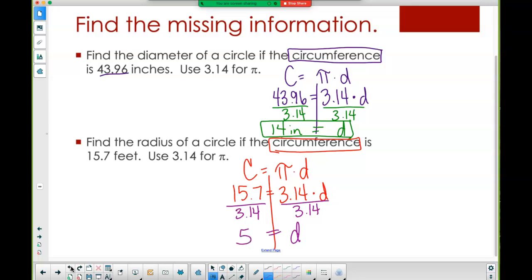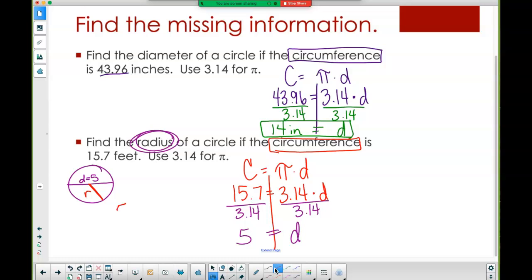No. You guys, this is diameter, which is great, but this problem said find the radius. Okay, so now we have to think about this. Here's a circle. If the diameter is 5, how do we find this distance, the radius? What do we have to do to the diameter to get the radius, Brinley?